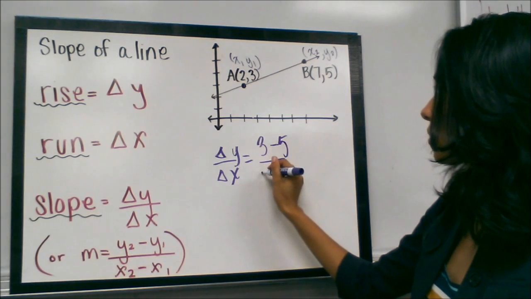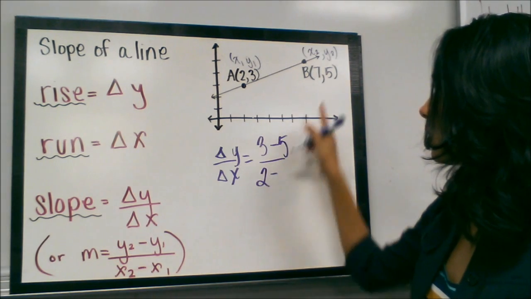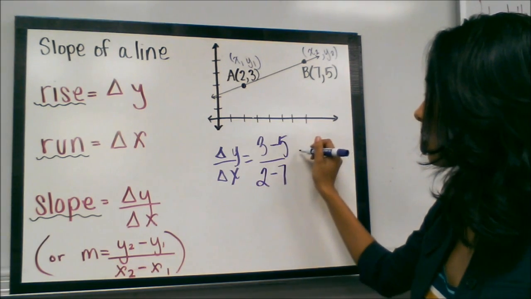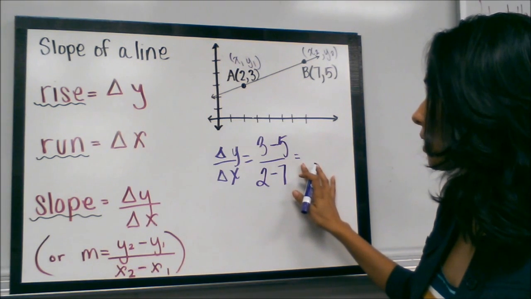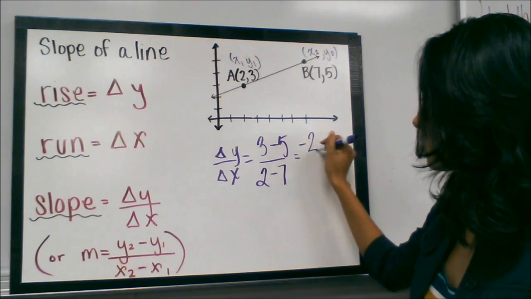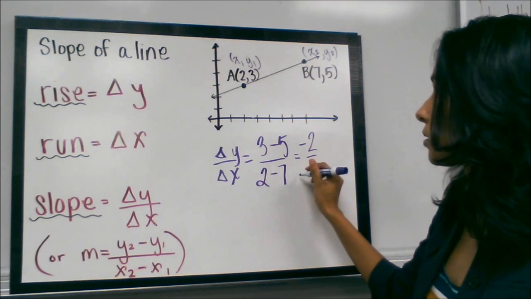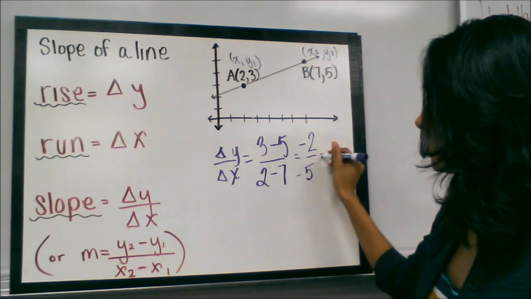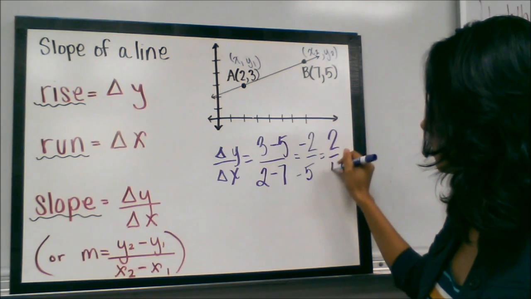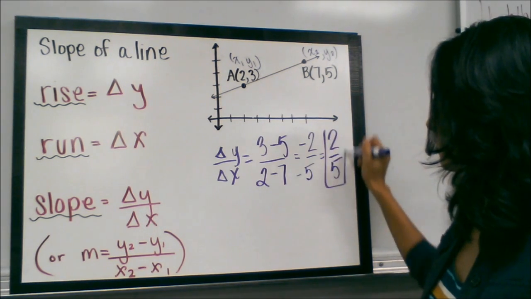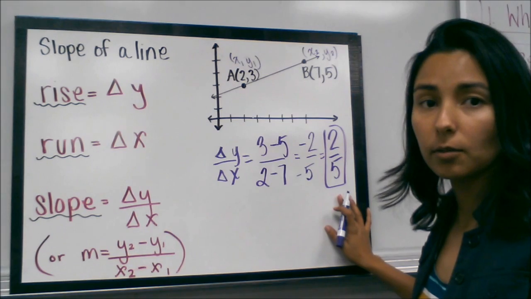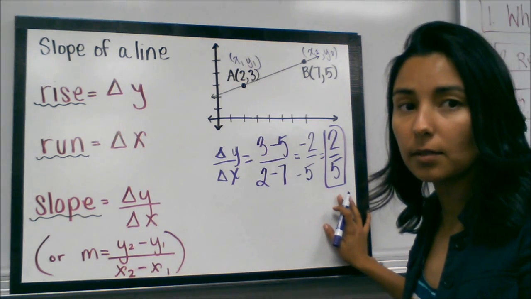My x values are going to be 2 minus 7. The 3 take away 5 gives me a negative 2. The 2 minus 7 is going to give me a negative 5, which gives me a positive 2/5 for my slope. Negative divided by a negative is a positive.